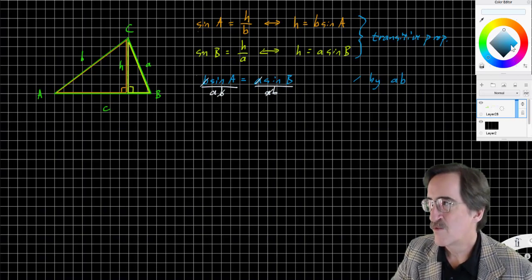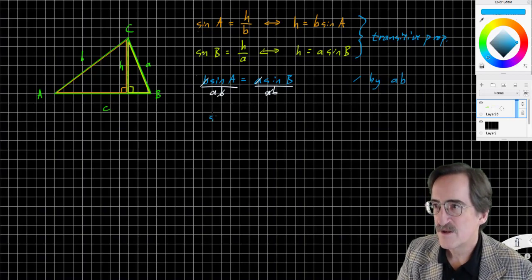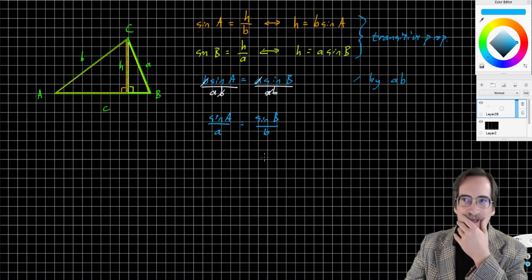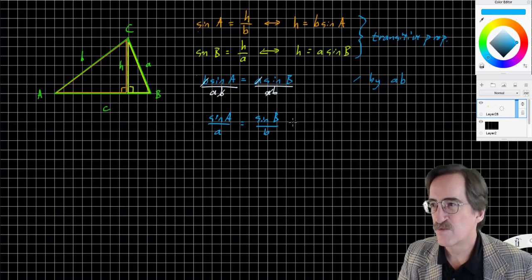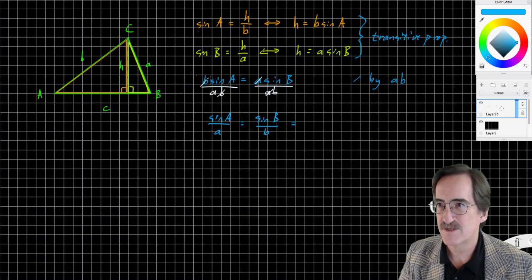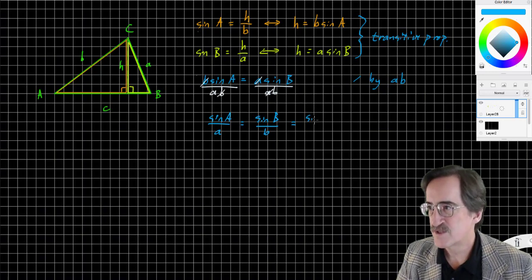And we end up with sine A over A equals sine B over B. Now, since the choice of A and B was arbitrary, we can extend this to prove that sine C over C is included in this too, but I'm going to leave that for you to explore.